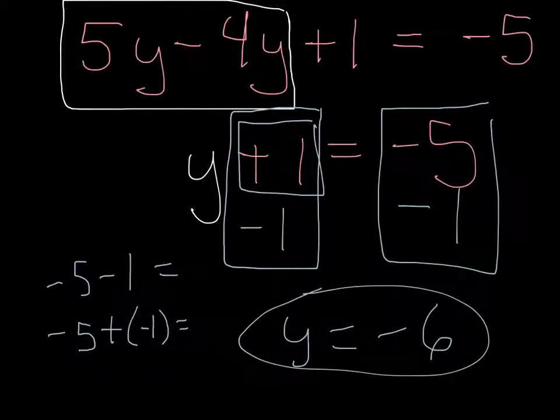And again, we could do like we did on the last problem and substitute that y for our 6, not just a 6, a negative 6. And then if you do your PEMDAS right, you should see it come out to a negative 5.